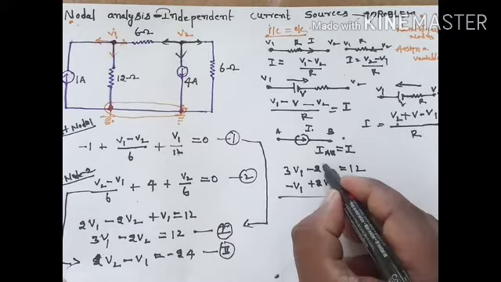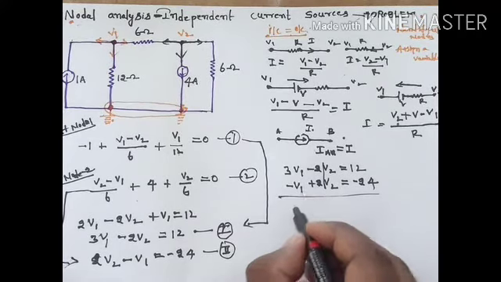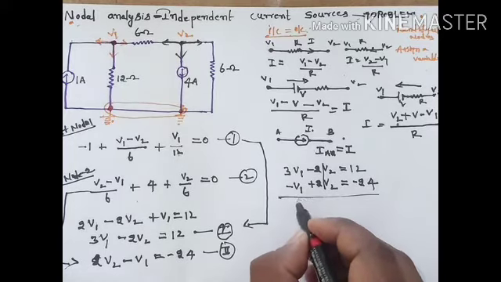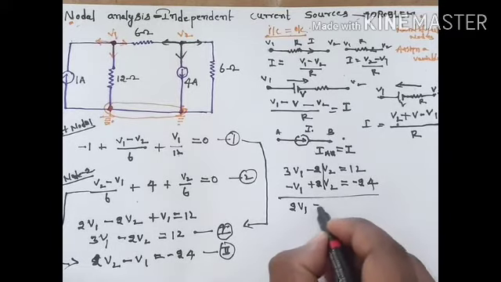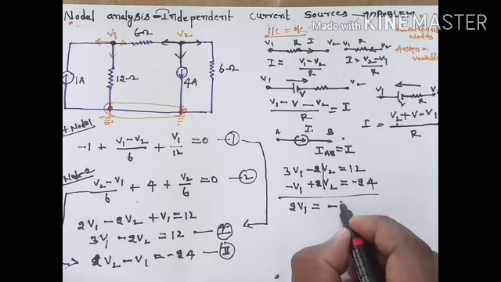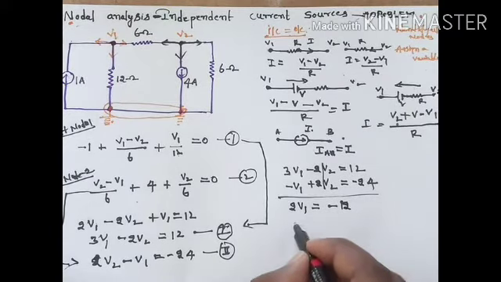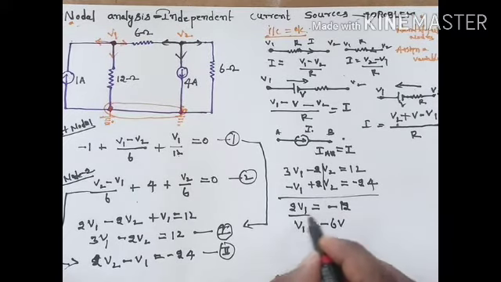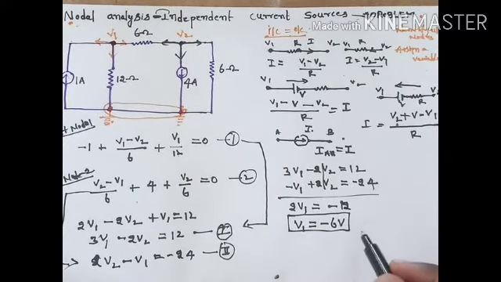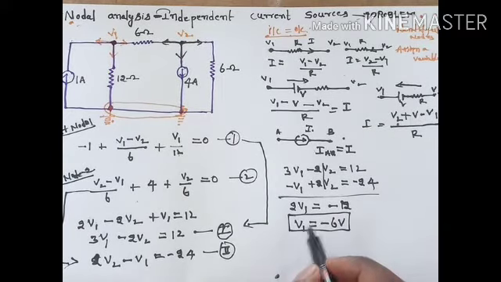So here the minus 2V2 and plus 2V2 will cancel each other out. Next, 3V1 minus V1, that is 2V1, equals minus 12, so V1 is equal to minus 6 volts, isn't it? Next, we substitute this V1 into any one of these equations, then we will get the V2 value.